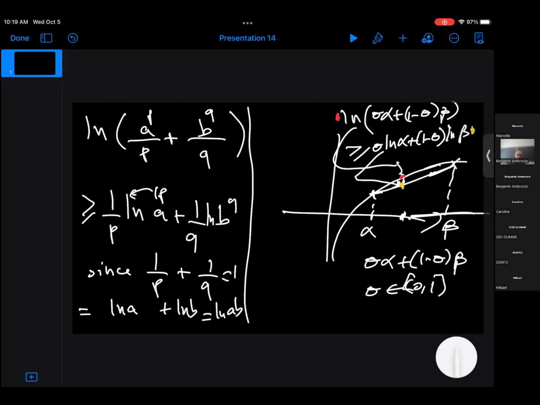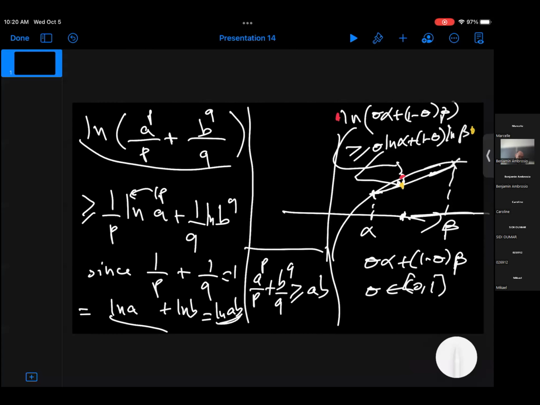So now if I apply the exponential function, I got the result. So this is greater than ab by applying the exponential function here and here.